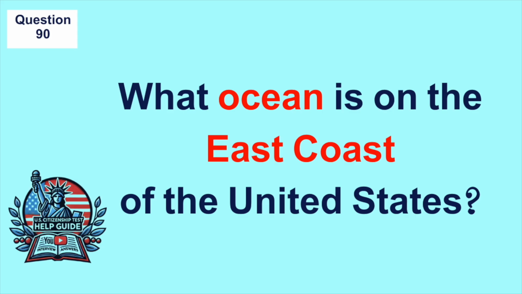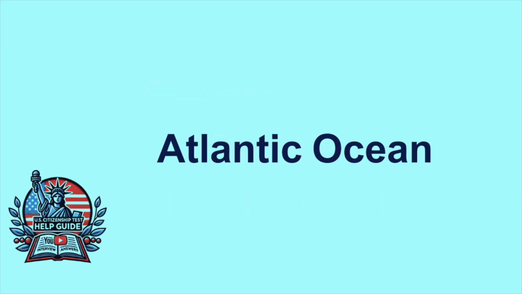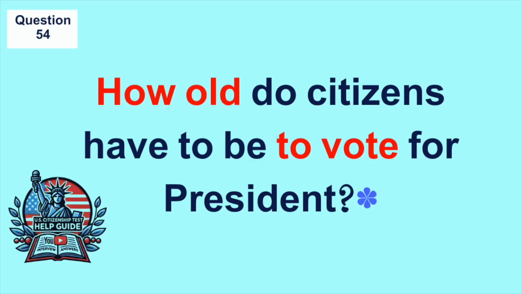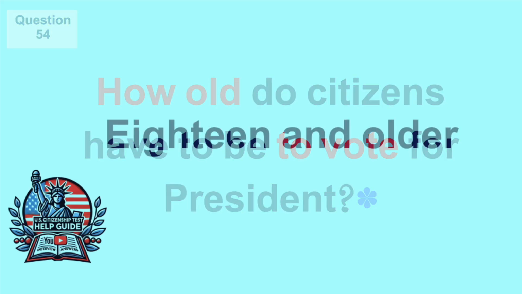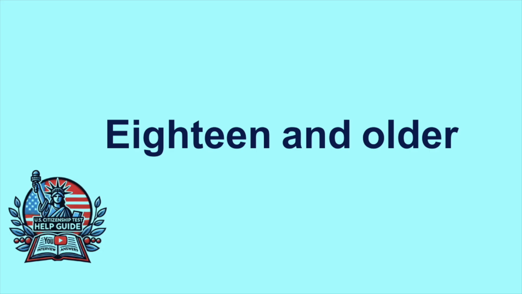What ocean is on the east coast of the United States? Atlantic Ocean. How old do citizens have to be to vote for president? 18 and older.